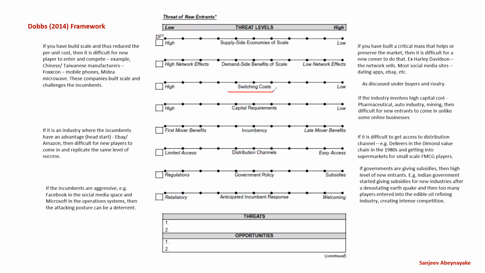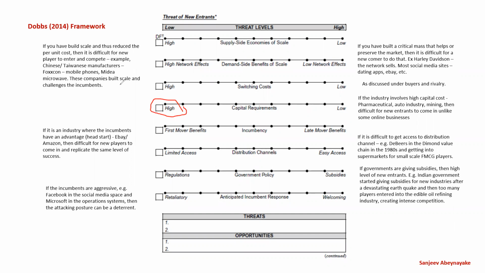Capital requirement is pretty obvious. If the industry requires quite a lot of initial investment, where you need to invest in infrastructure or capability development, then when the capital requirement is very high, the threat of a new entrant is also very low. For example, we discussed the Australian supermarket industry, where you have few players who have established themselves over a very long period of time.